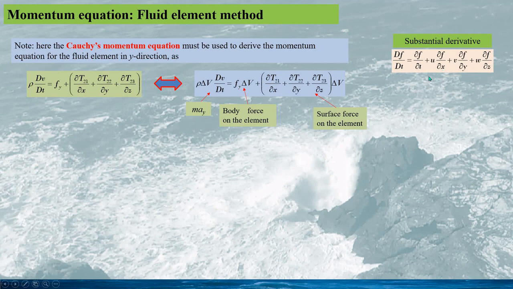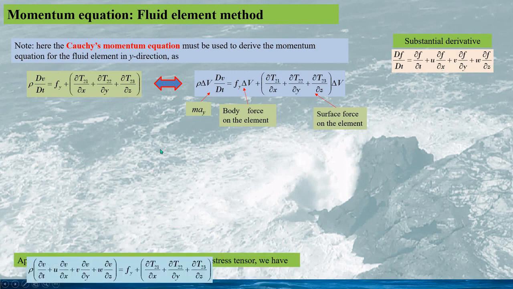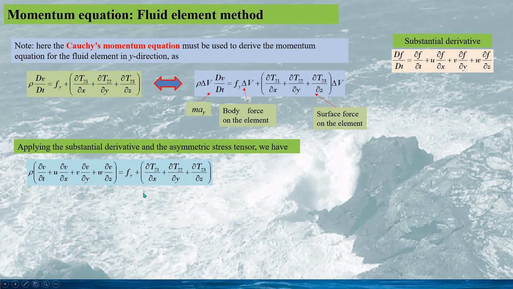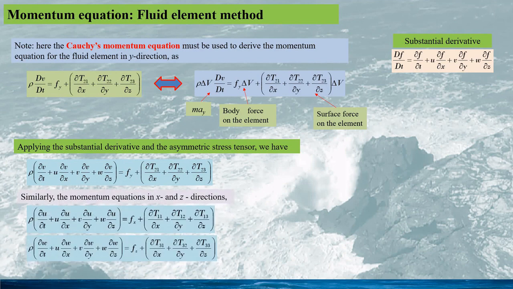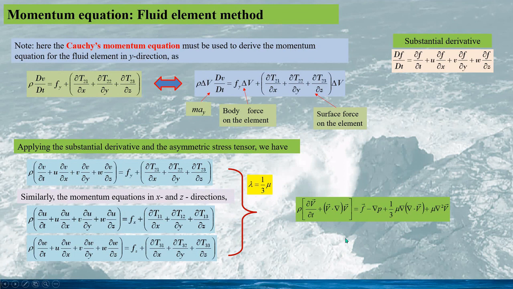Now use the substantial derivative. We can write this equation further into this form. Similarly, we can derive the momentum equations in the x and z directions as this. Now put this together and apply the second viscous coefficient.